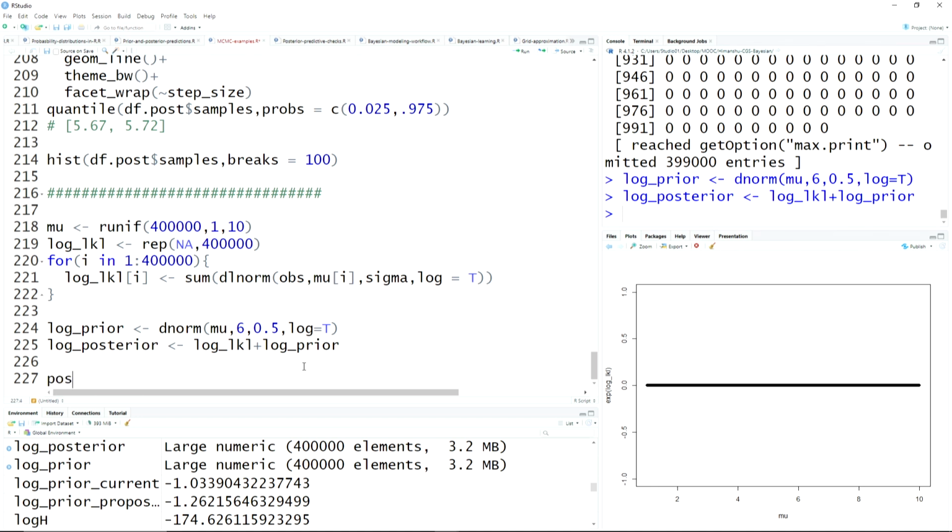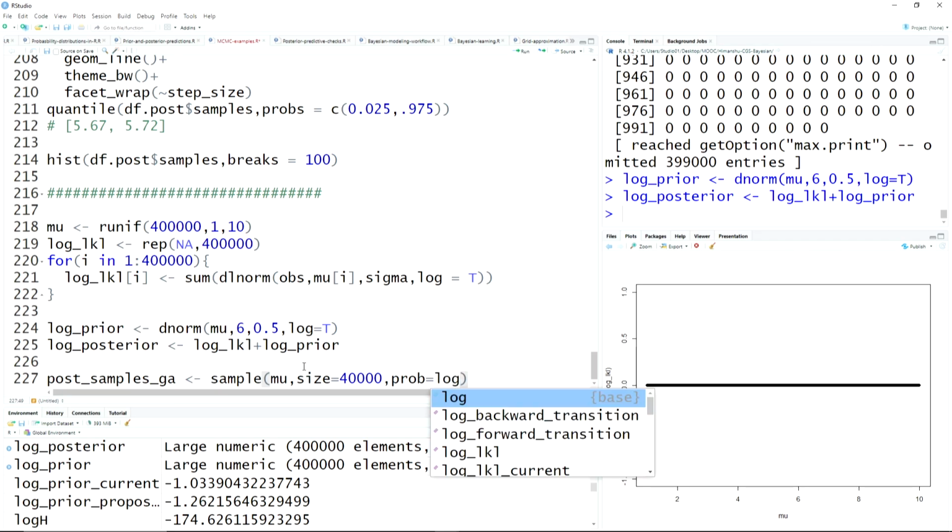So to get posterior samples with grid approximation approach, we will sample from mu. How many samples? Let's say 40,000, and probability being, let's say, log posterior.